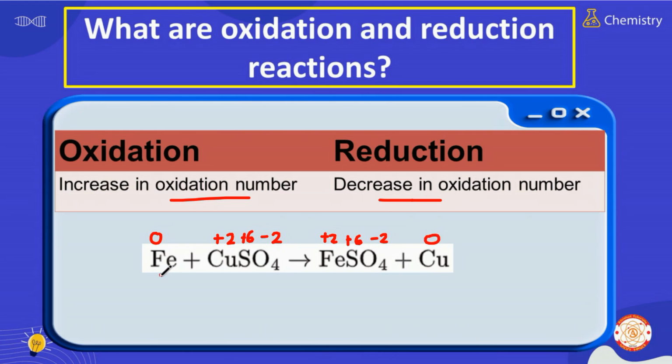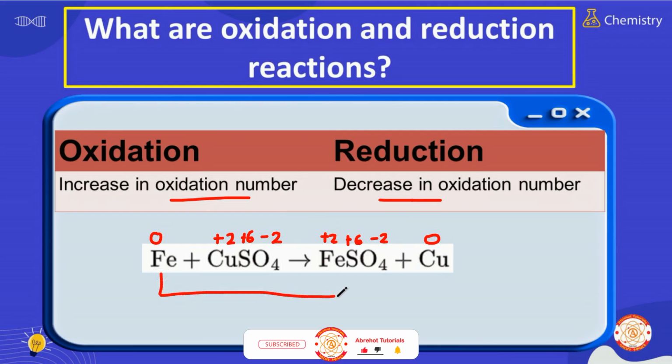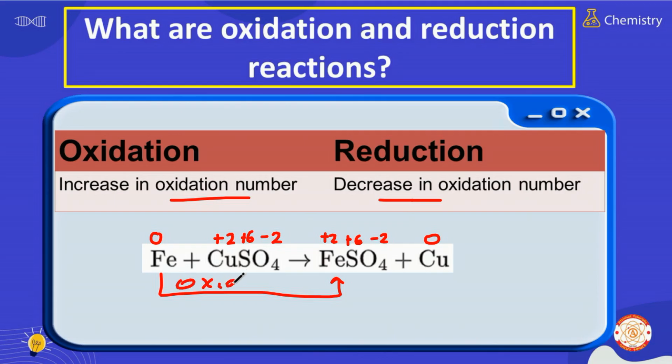Let us consider iron. Iron has changed from oxidation number 0 to +2, right? So iron has been what? Oxidized, because its oxidation number has increased from 0 to +2.